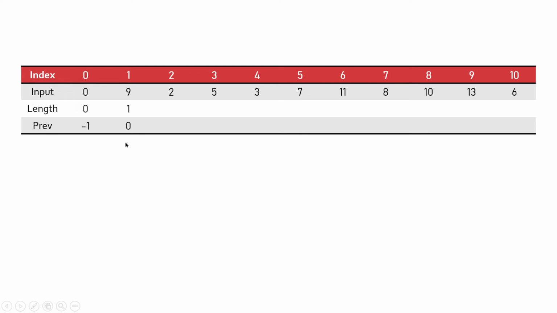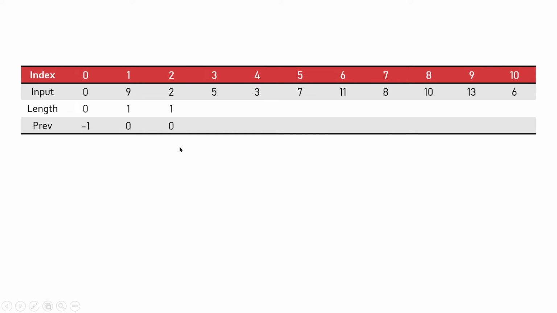Then index 1 is 2. Now 2 cannot be compared with 9 because we are solving the longest increasing subsequence problem, so it is not increasing. So it will be compared with index 0, whose length is 0, and so the length of 2 is 0 plus 1, which is 1.